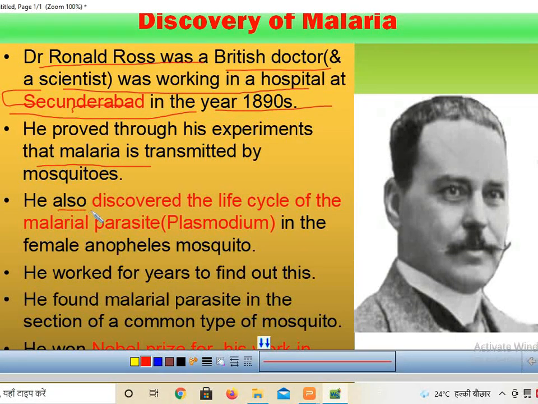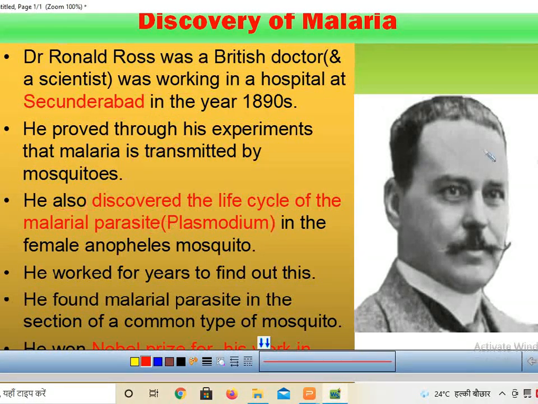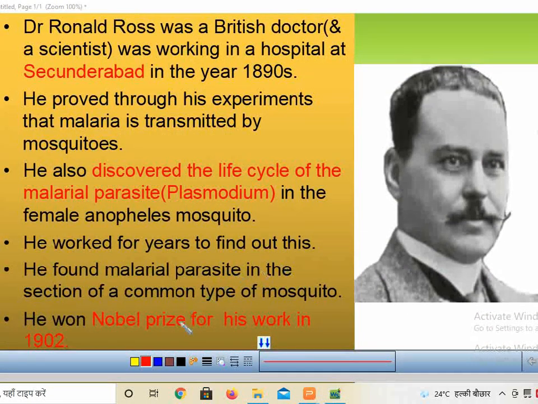So what did he find out? He discovered the life cycle of the malarial parasite in the female Anopheles mosquito. He worked for years, found the malarial parasite in a common type of mosquito, and found that malaria is caused by the mosquito.